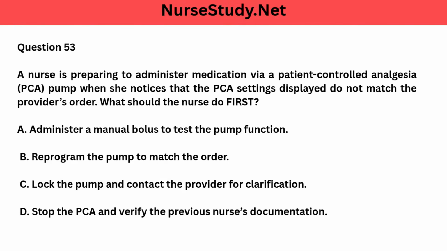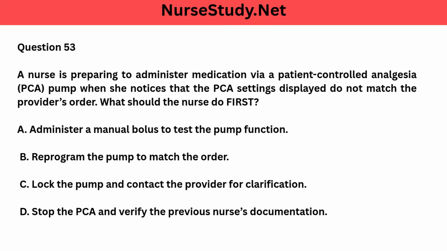Question 53. A nurse is preparing to administer medication via a patient-controlled analgesia PCA pump when she notices that the PCA settings displayed do not match the provider's order. What should the nurse do first? A. Administer a manual bolus to test the pump function. B. Reprogram the pump to match the order.